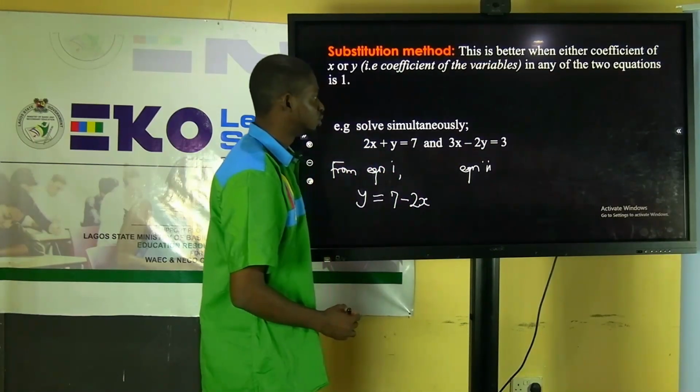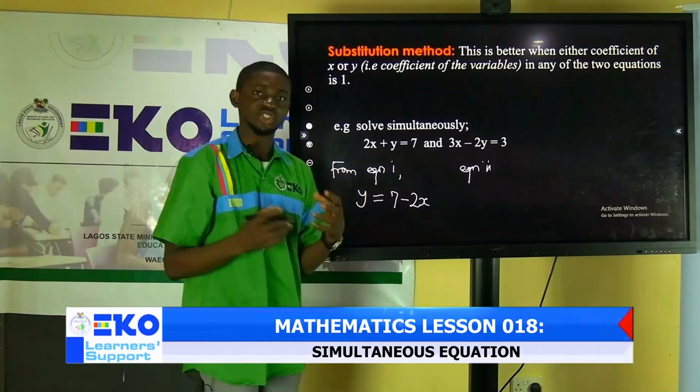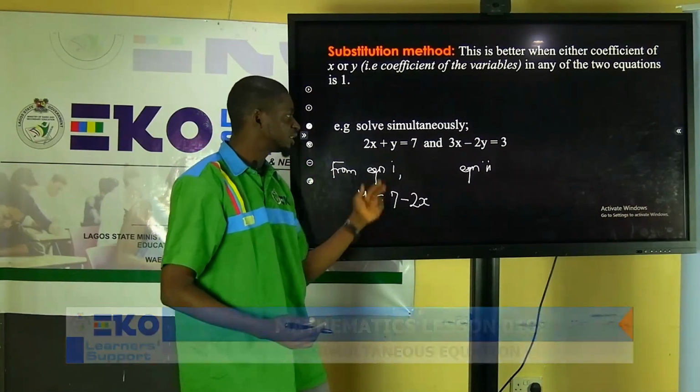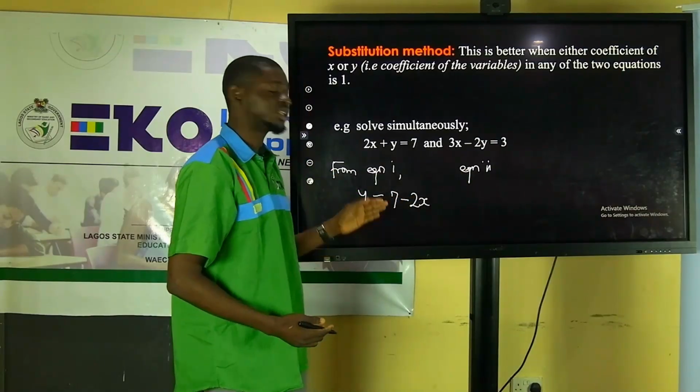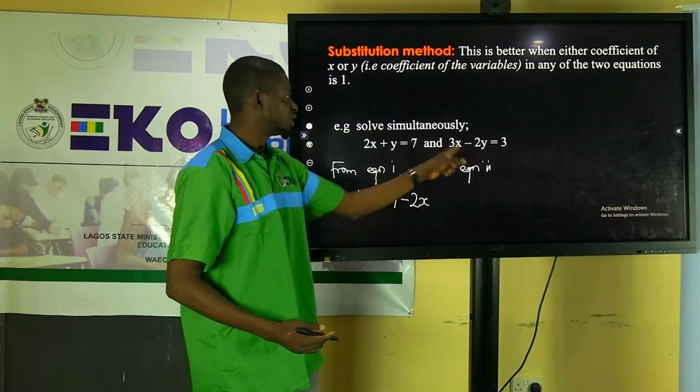In equation 2, we substitute this y that we have made the subject of the formula. We put it into equation 2, substituting y, that is 7 minus 2x, into that equation 2.